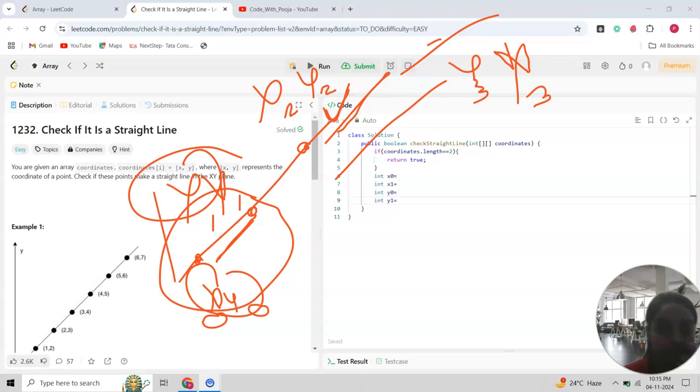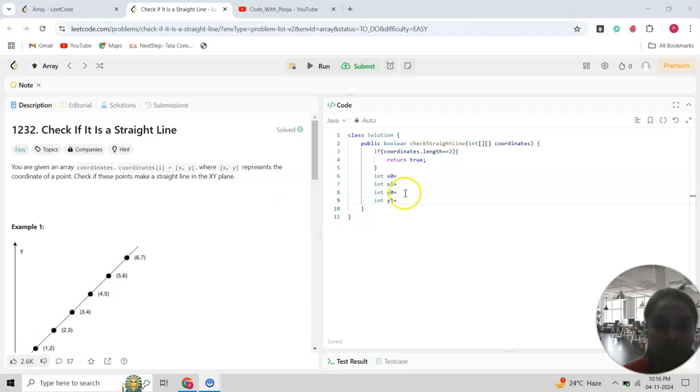So I am just fixing this one. So let's fix these points, the coordinates x0 and y0 will be fixed here.